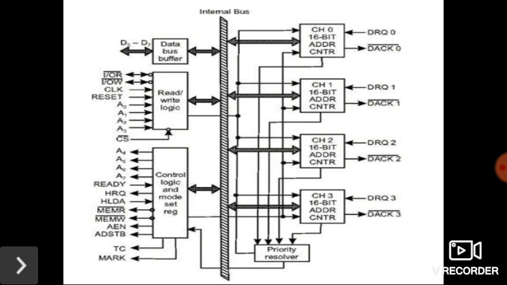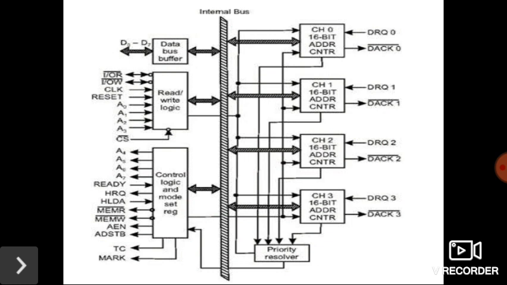It decodes the A0 to A3 lines and either writes the content of the data bus to the addressed internal register or reads the content of the selected register, depending on IOW bar or IOR bar. During the master mode operation, the read or write logic generates input output read or input output write signals to control the data flow to or from the selected peripheral devices.